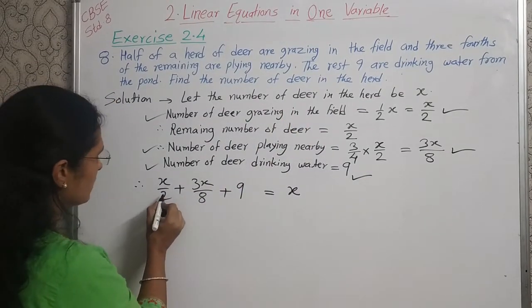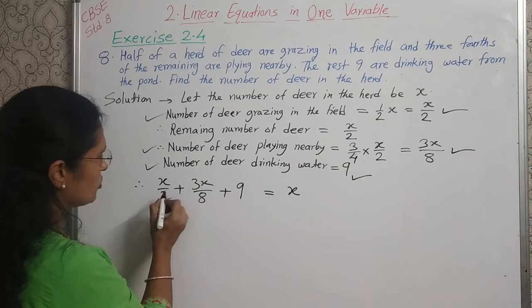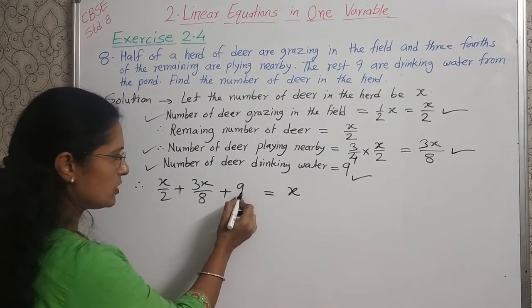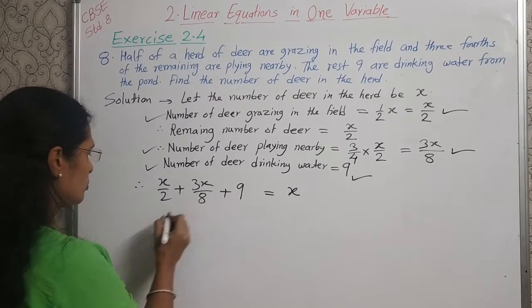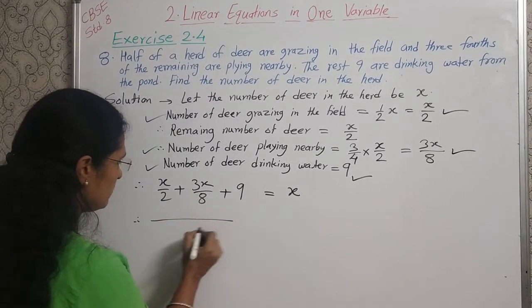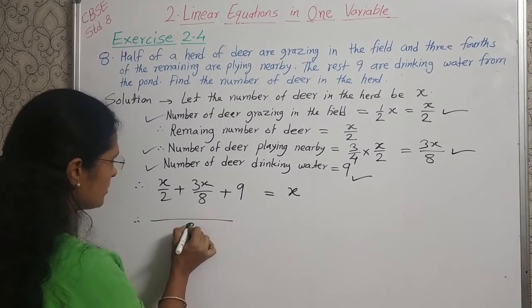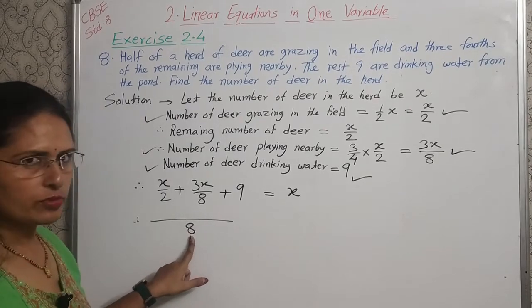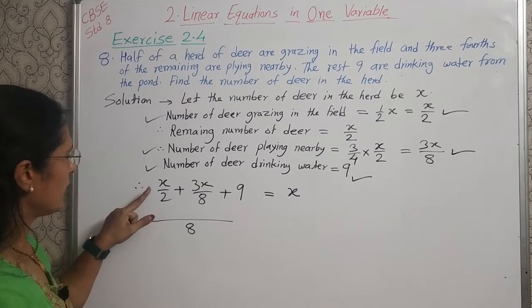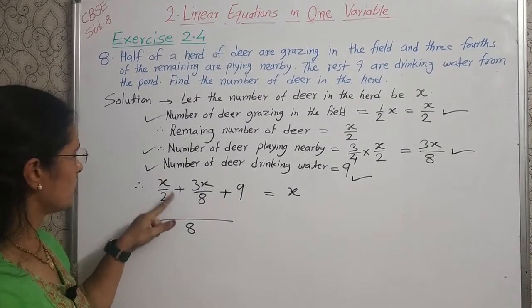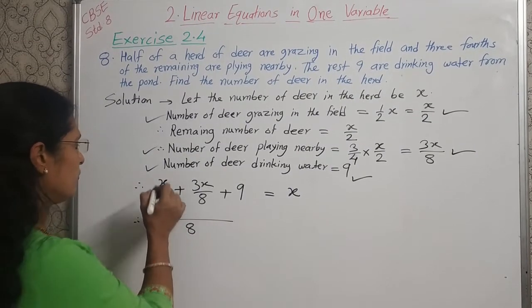So solve this. See here, the denominator is 2, 8. Here there is nothing, it means 1 is there. It means LCM is 8. So we'll write the LCM 8, the least common multiple. And now here this is 2 and you want to make this denominator as 8, so multiply here by 4.